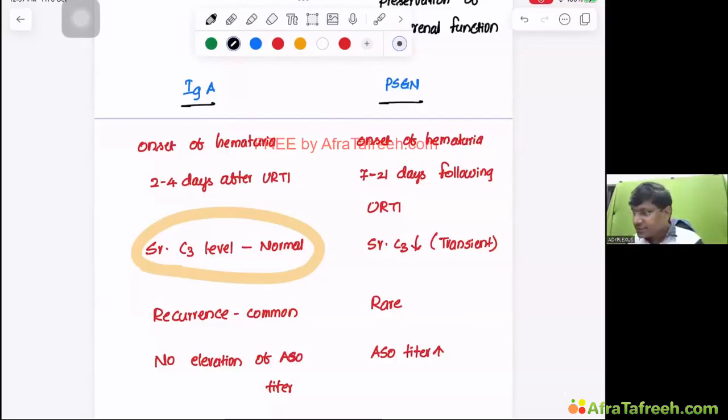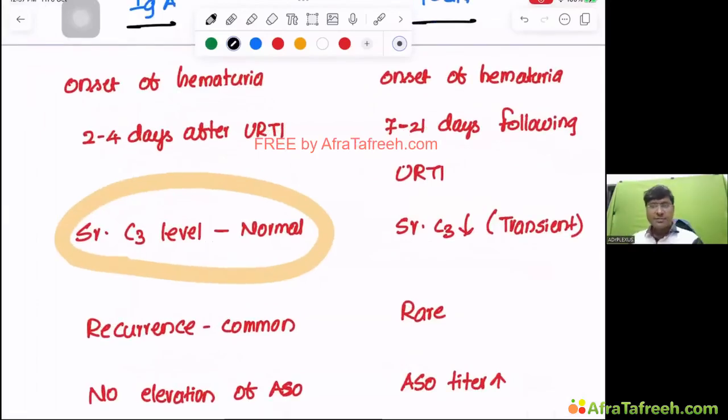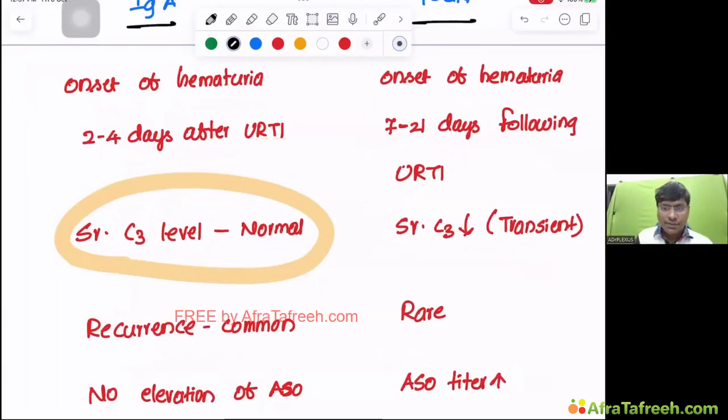Okay, next. Now, after having discussed your IgA nephropathy, let me take up the discussion of the renal vascular diseases. In the renal vascular diseases, we have 2 important diseases, that is renal artery stenosis.